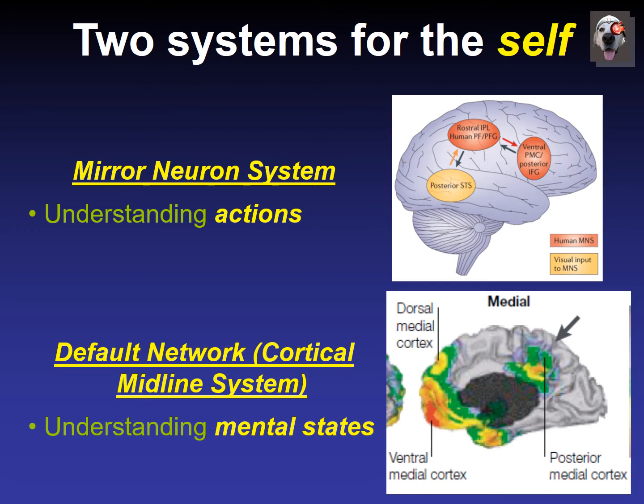So for instance, as I said, people who are lying in the scanner during a control baseline period and told to do nothing were probably thinking about what they wanted to have for dinner, or when they were going to study for a test or graduate from college. So they tend to have thoughts about their lives. So the default network is presumably involved in understanding mental states of ourselves, whereas the mirror neuron system is involved in understanding our actions.